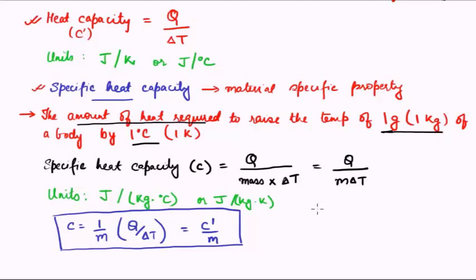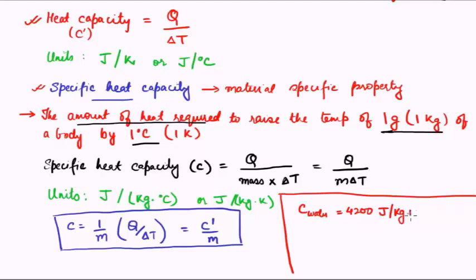What is the specific heat capacity of water? I will represent it as C water. It is approximately 4200 joule per kilogram Kelvin. So for water to raise the temperature by 1 degree Celsius or 1 Kelvin, for 1 kilogram of water we need 4200 joule.